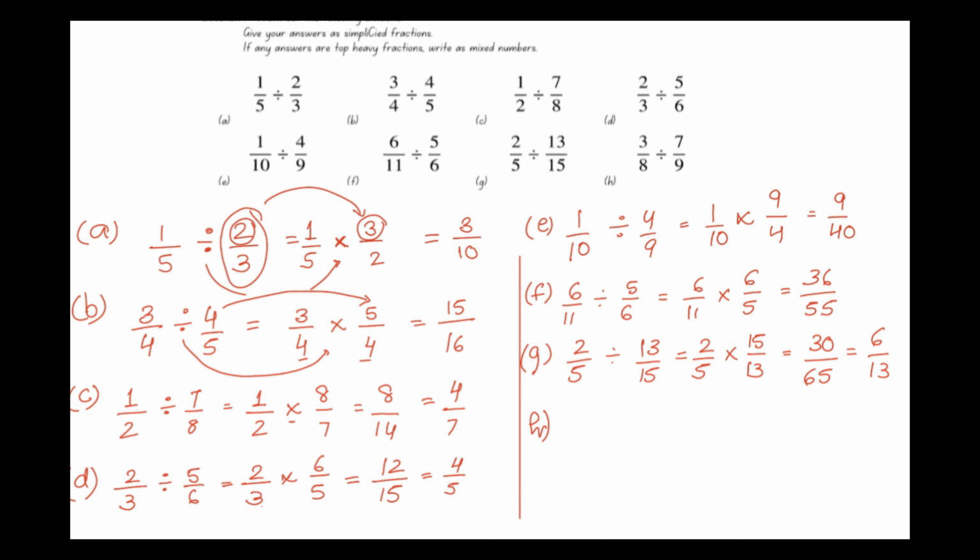And the last question is 3 upon 8 divided by 7 upon 9. Writing the first fraction as it is, changing the sign, reciprocating the second fraction, 9 upon 7, gives 27 upon 56.